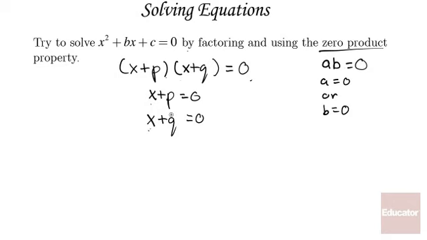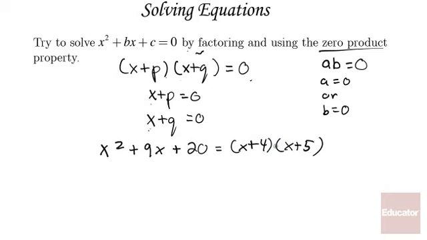So in order to solve equations, you're going to use the zero product property. You can use factoring followed by the zero product property. For example, if I have x squared plus 9x plus 20, I could factor that to find this. And in just a minute, we'll be using some examples to show you how to arrive at this. Actually, not an expression, an equation.